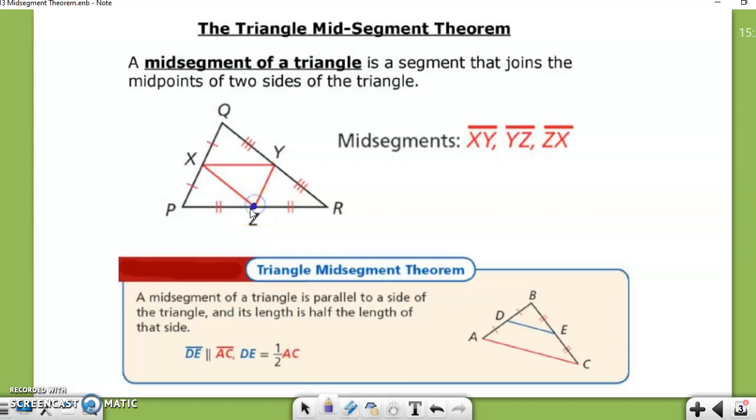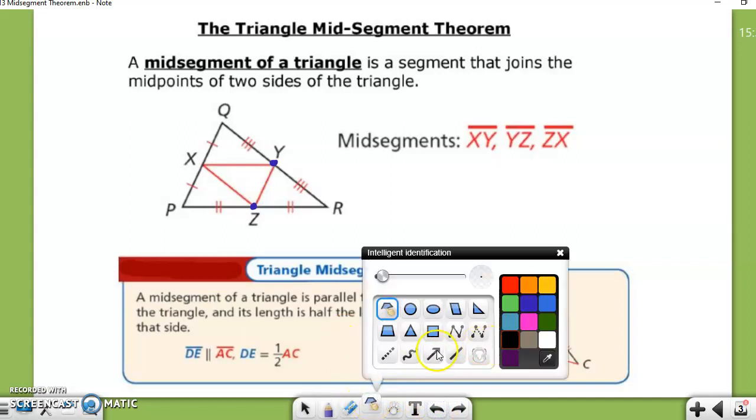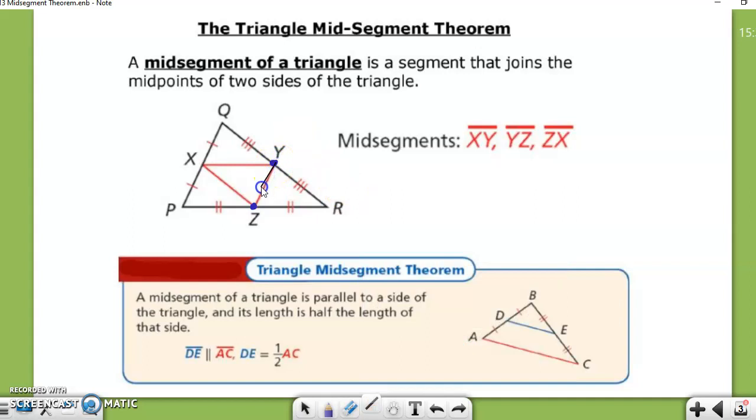Z is the midpoint of PR, and Y is the midpoint of QR. And when we connect those two midpoints, we have a mid-segment. So there you go. That's what a mid-segment is.